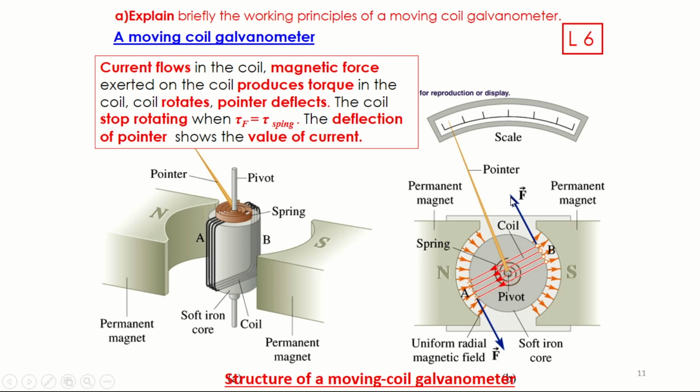So the torque experienced by the coil is proportional to the current in it. The larger the current, the greater the torque, and the more the coil rotates before the spring tightens enough to stop the rotation.